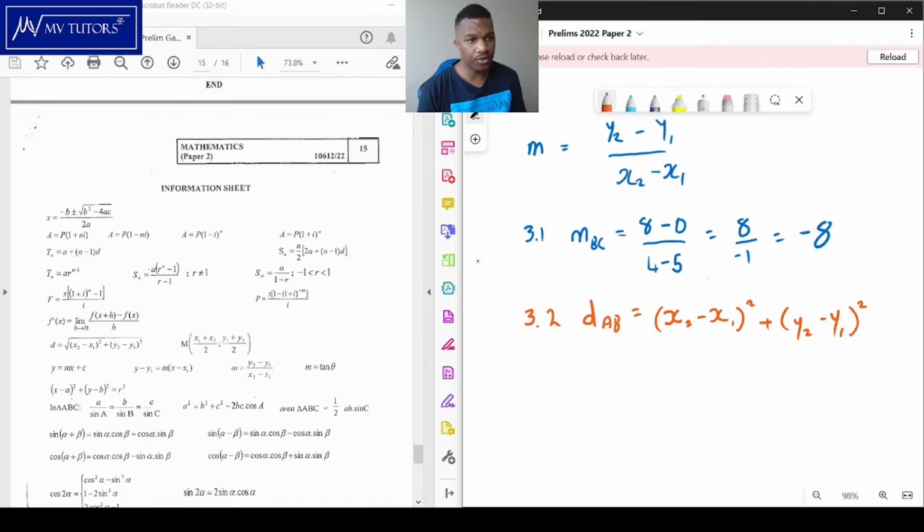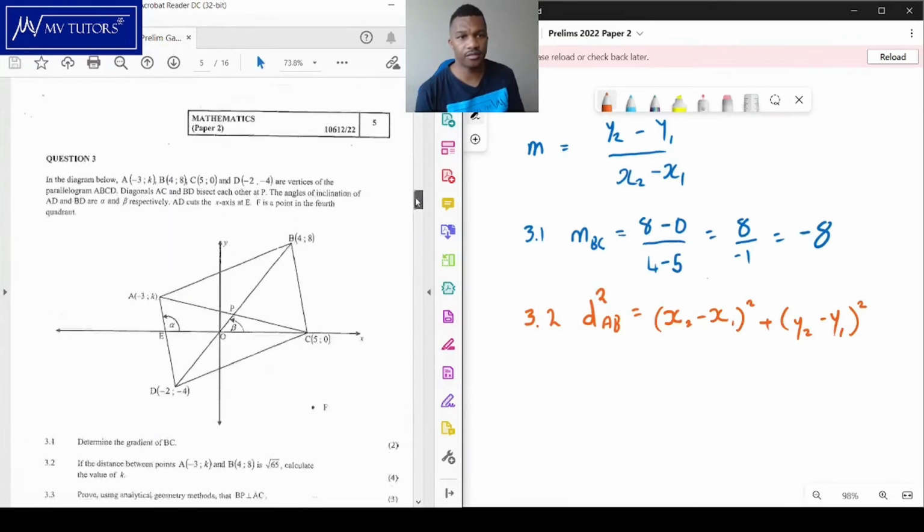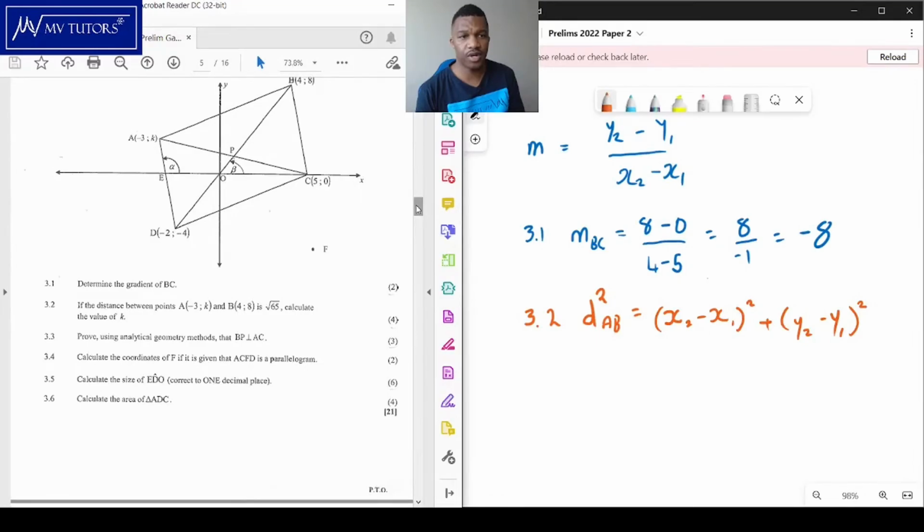Now there's a square root, but what I want to do is take out the square root by squaring both sides. Okay, just took out the square roots, that's all I did.